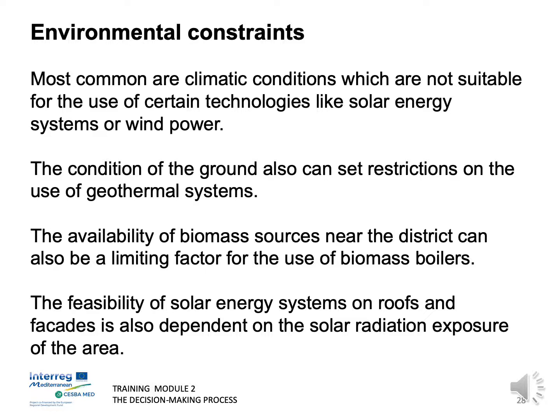Another example could be that the condition of the ground can also restrict the use of geothermal systems. The availability of biomass sources near the district can also be a limiting factor for the use of biomass boilers. And finally, the feasibility of solar energy systems on roofs and facades is also dependent on the solar radiation exposure of the area.